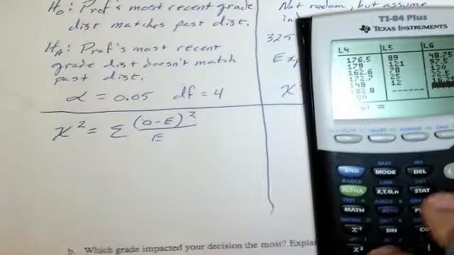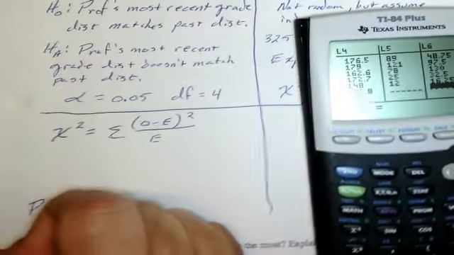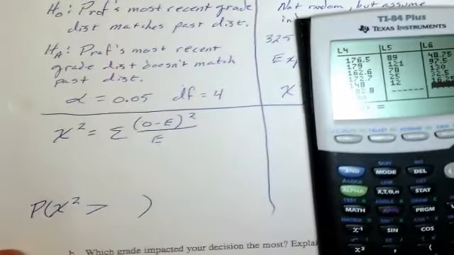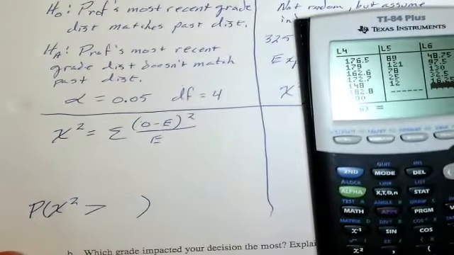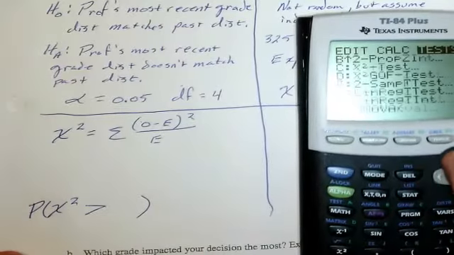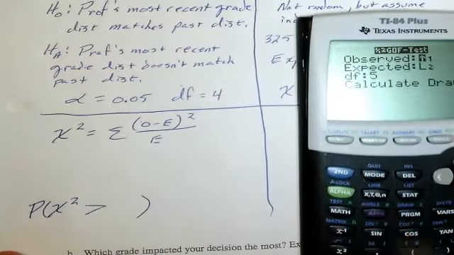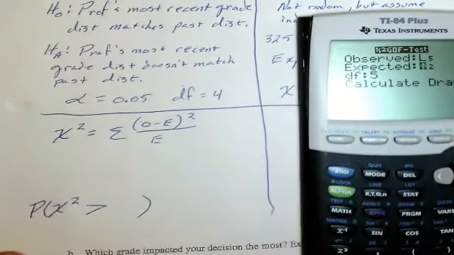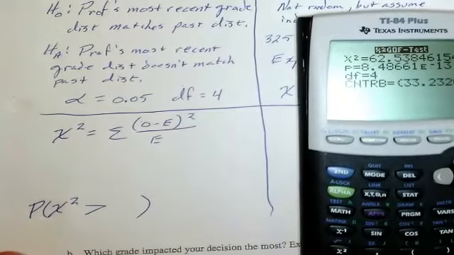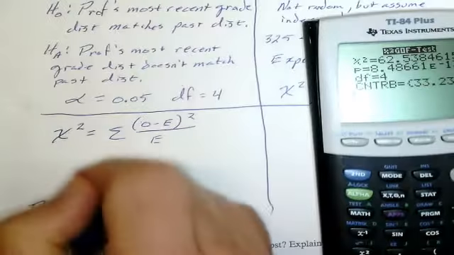So we're going to run the test. Go stat, go over to test, go up to chi-squared goodness of fit. My lists are in 5 and 6. Degrees of freedom is 4. I calculate. Okay, so my chi-squared is 62.53.